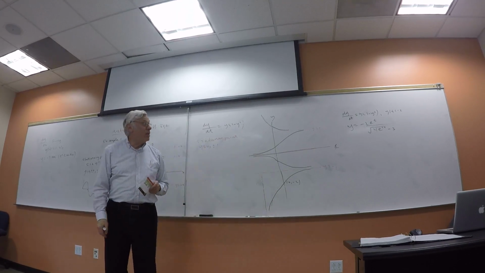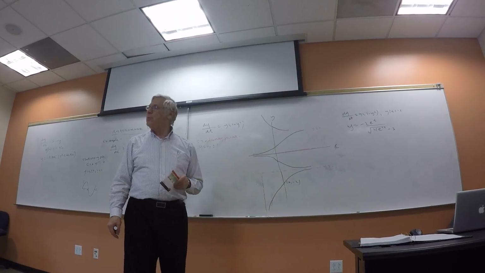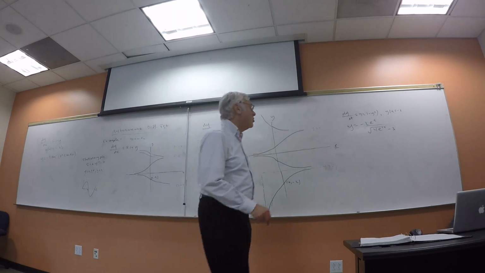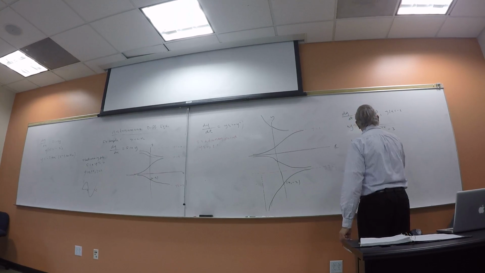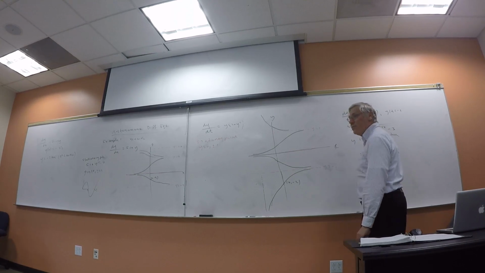And you can see where you're going to get into trouble when the denominator goes to 0, right? So y is infinite when the denominator is 0, you get 4 e to the 2t equals 3, right?